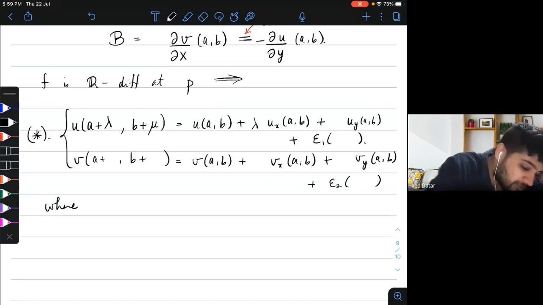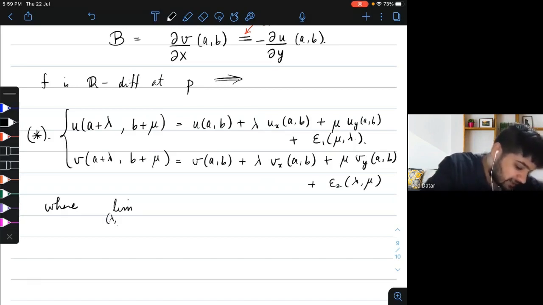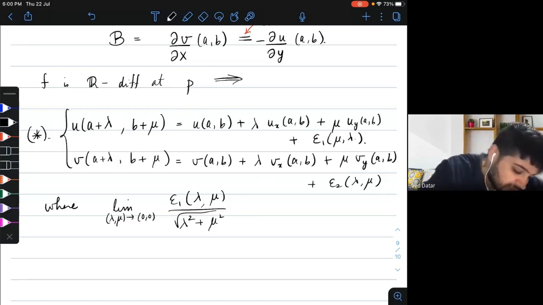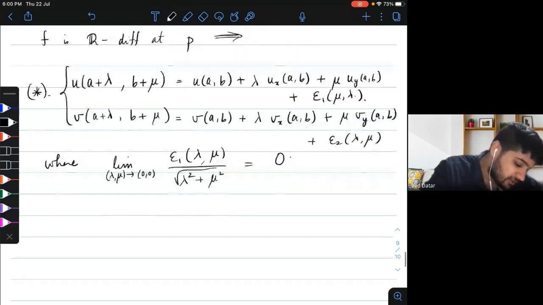So this is lambda times this plus mu times this, and this is again lambda, mu. The limit as (lambda, mu) goes to (0, 0) of epsilon 1 of (lambda, mu) divided by the square root of lambda squared plus mu squared, which is the absolute value of the complex number lambda plus i mu, is supposed to be 0. And similarly for the second error term.